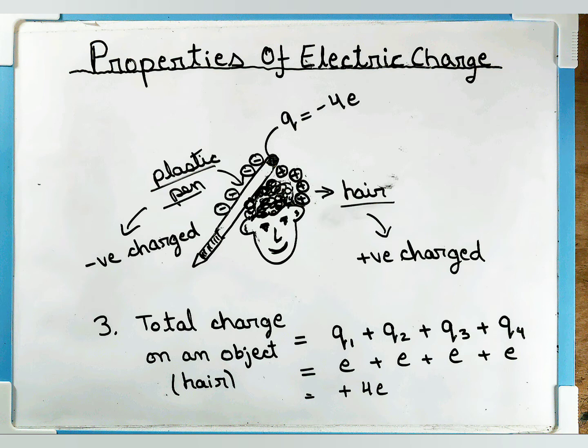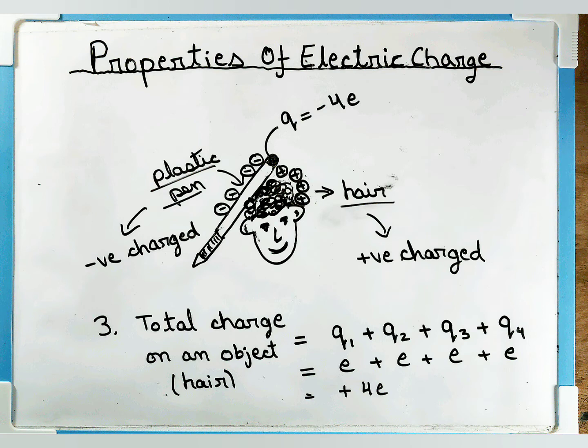Similarly with the hair, the charge on the hair will be equal to q dash, say, and this q dash again will be equal to q1 plus q2 plus q3 plus q4. And what is the charge of the proton? The charge of the proton, which is the positive charge on this hair, is equal to plus e. So we have q dash equal to plus e, plus e, plus e, plus e.